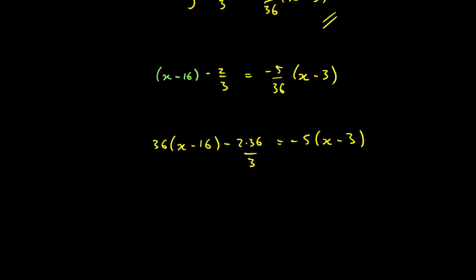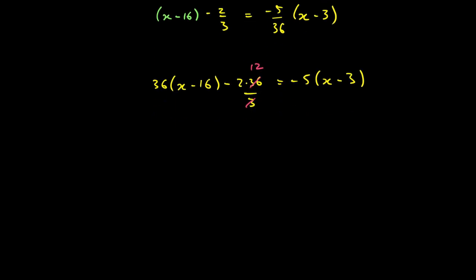Now simplifying the fraction, I can divide top and bottom by 3, so that becomes 12. So here what I've got is 36x minus 36 times 16, which I don't know what it is yet, minus 2 times 12, which is 24, is equal to minus 5x plus 15.